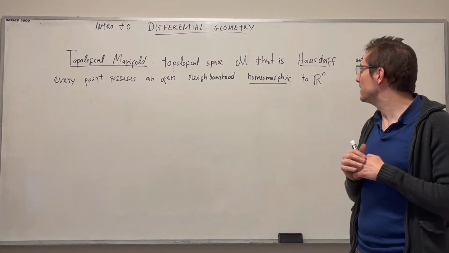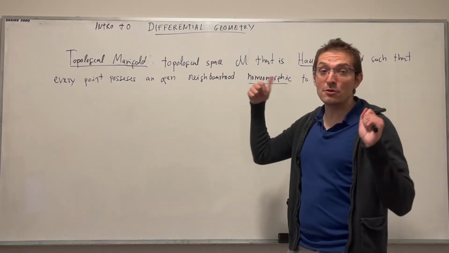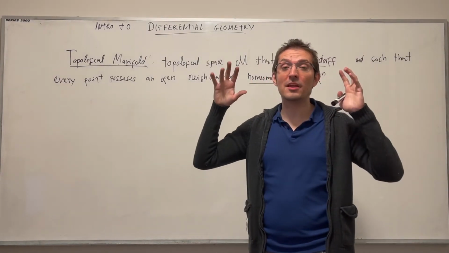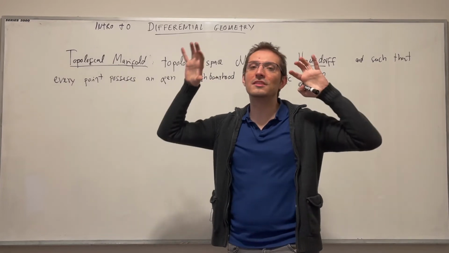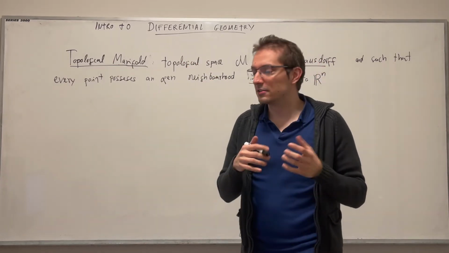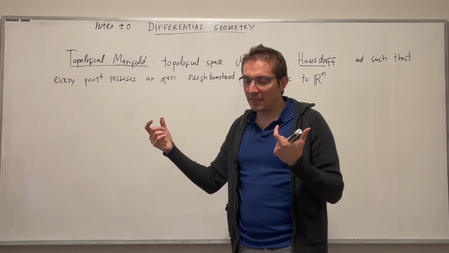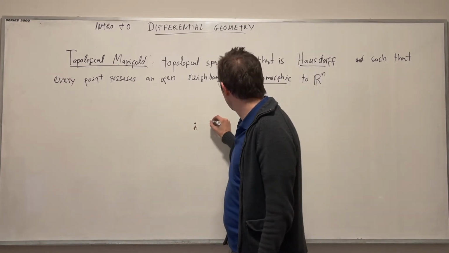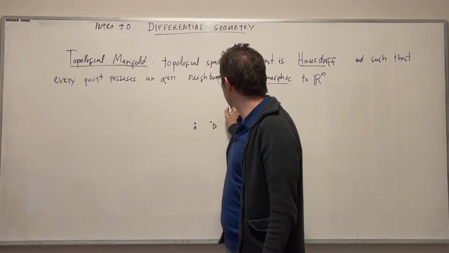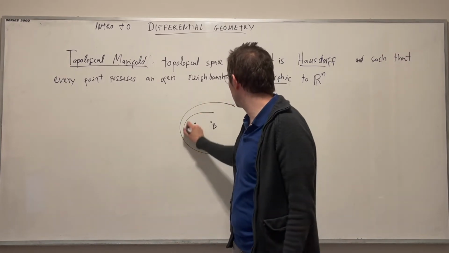Okay, what does that mean? What does Hausdorff mean? Hausdorff means that every 2 points of the set can be separated into disjoint open sets. So if I have A and B, imagine the point A here and the point B here. Of course, there would be open sets that contain both, like that.